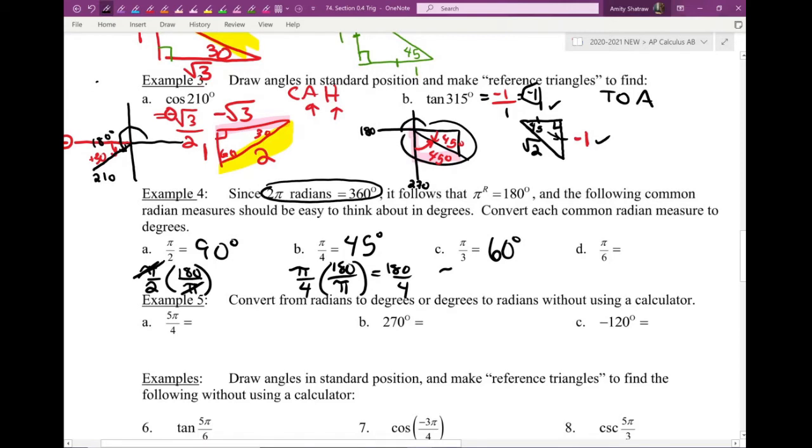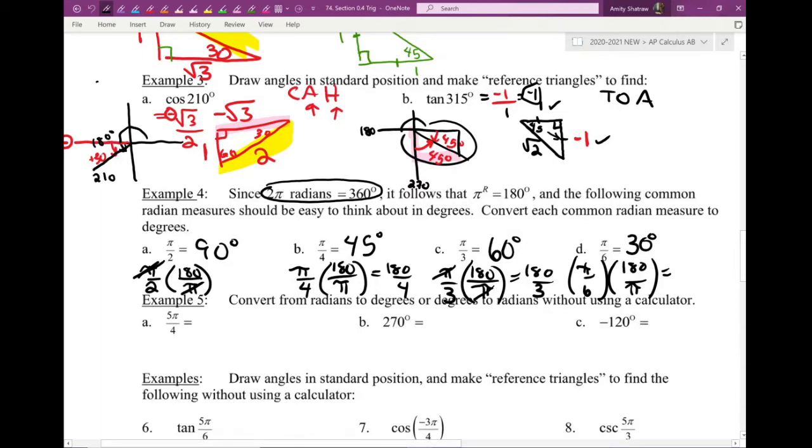So hopefully you can remember this, pi over 3, and we're going to convert by having pi in the denominator with a 180 on top, and these cancel out, and that's how I get 180 divided by 3 is 60. Pi over 6, again, let's try this, pi over 6 and 180 over pi, and I'm going to end up with 180 divided by 6 is going to be 30 degrees.